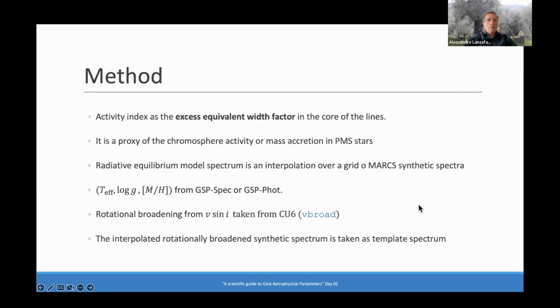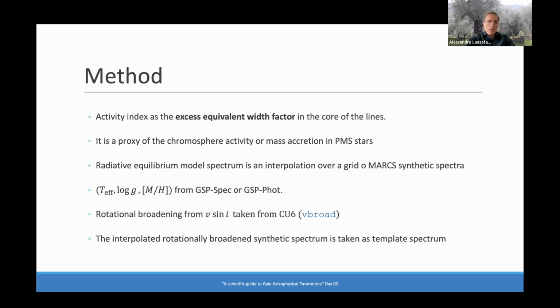So it's a continuum normalized spectrum. So in essence, the activity index is given as the excess equivalent width in the core of the lines, and it is a proxy of the chromospheric activity, or of mass accretion in pre-main sequence stars when mass accretion is present.